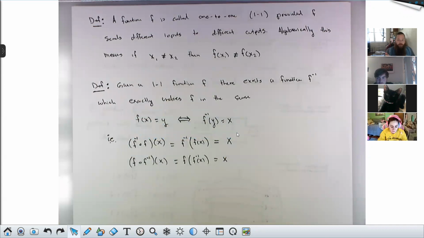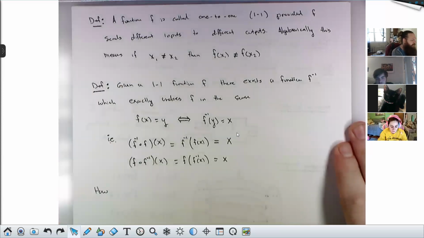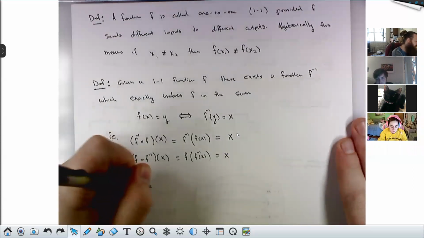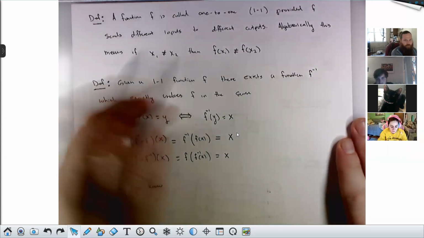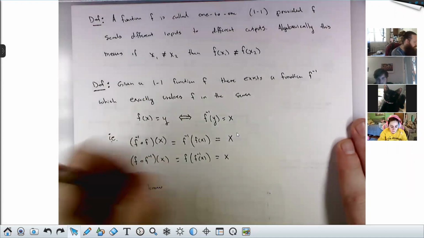So we know what an inverse is now, and we know under what conditions we can expect an inverse to exist as a function itself. The big question is, how do you find it? Even before that, I should ask, since I can only find inverse functions for one-to-one functions, how do you know if the function you're starting with is one-to-one to begin with?